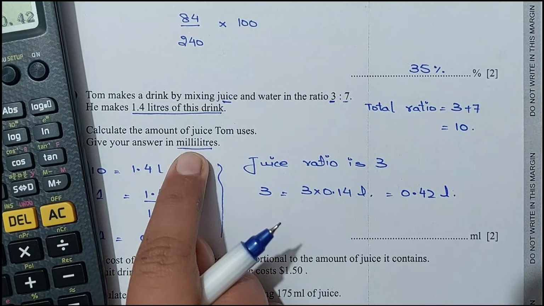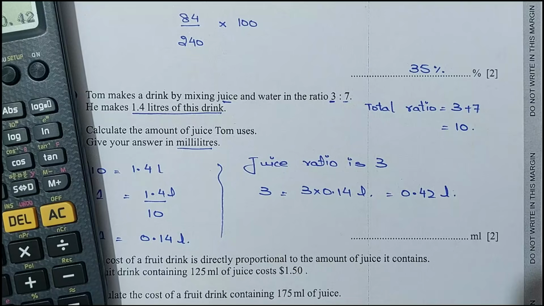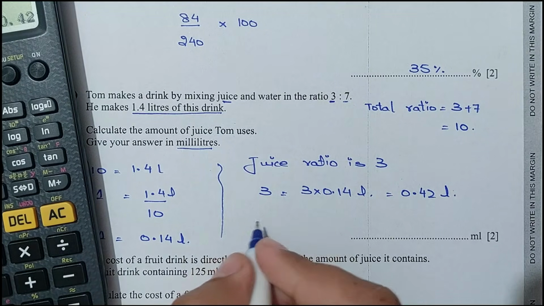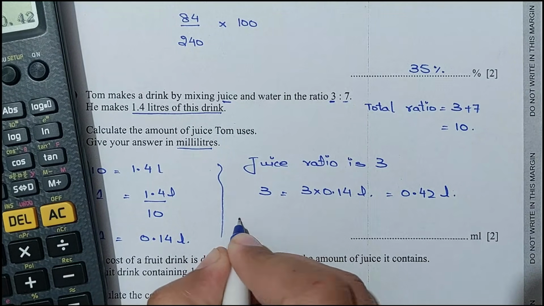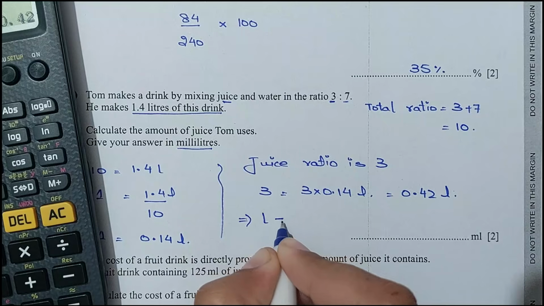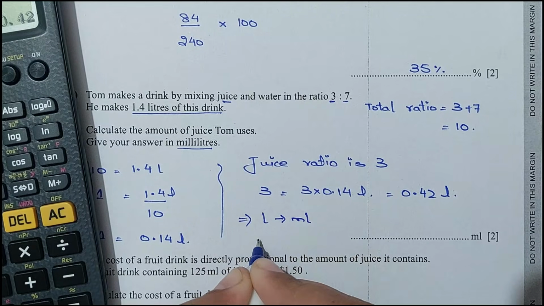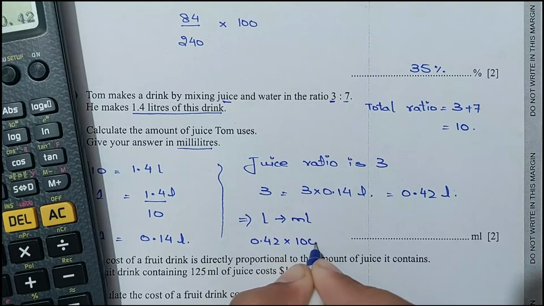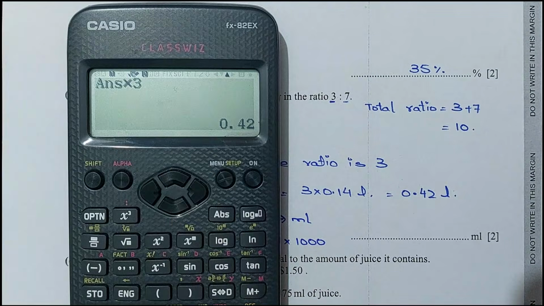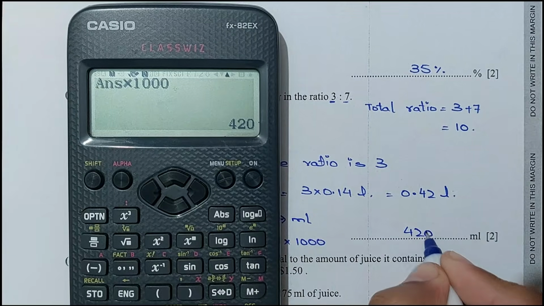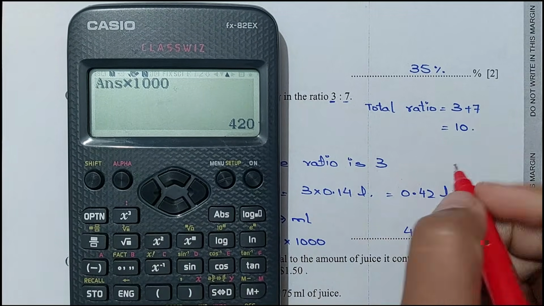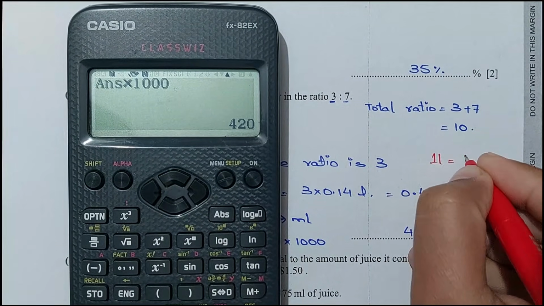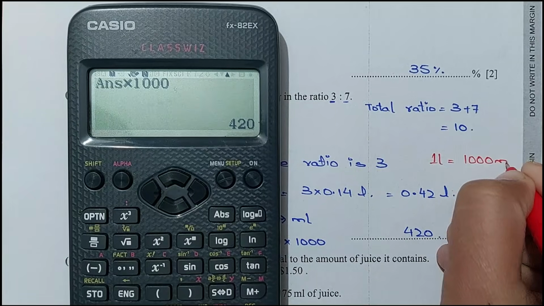Now we have to convert our answer into milliliters. 1 liter equals 1000 milliliters. So 0.42 times 1000 gives the answer in milliliters, which is 420 milliliters. The conversion is 1 liter is 1000 milliliters.